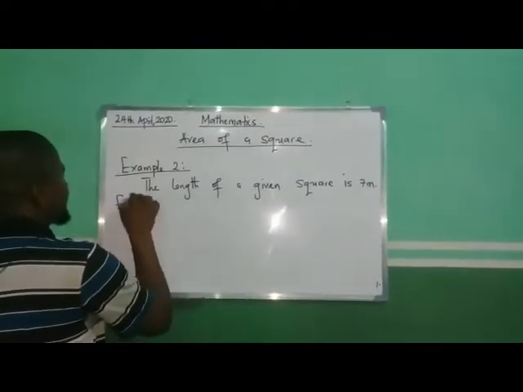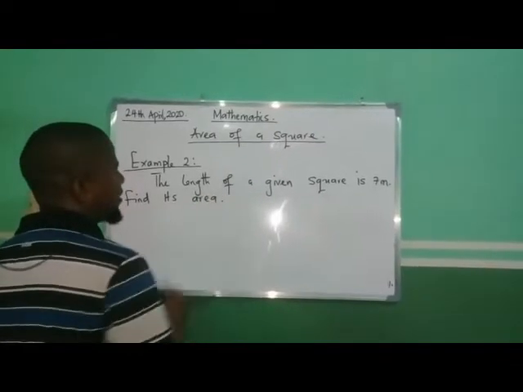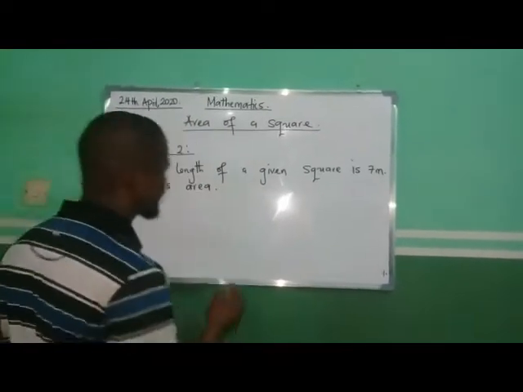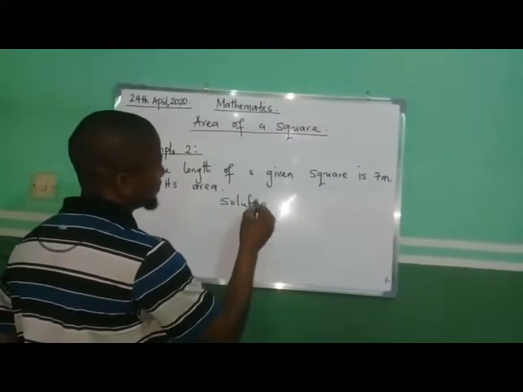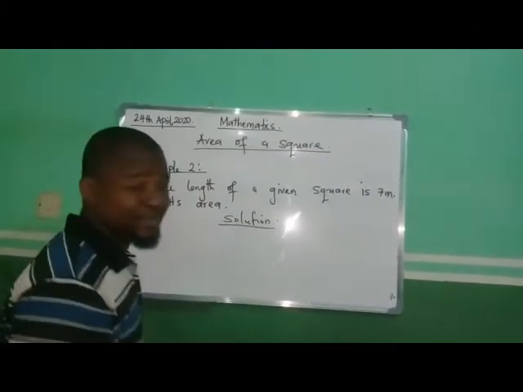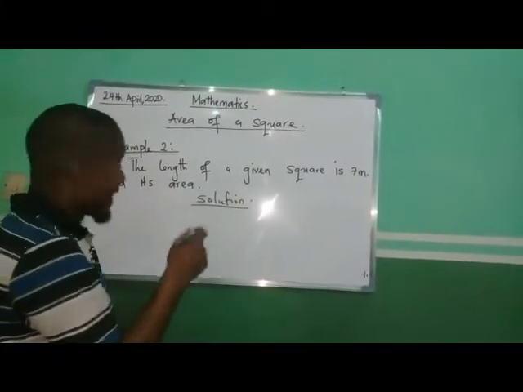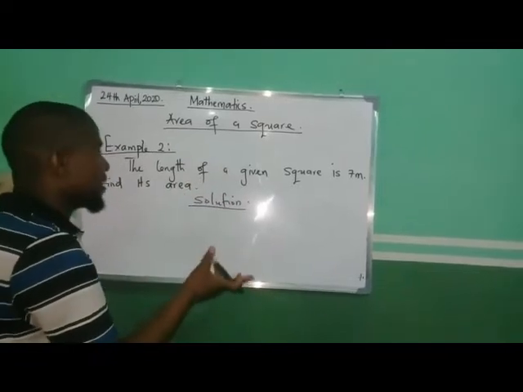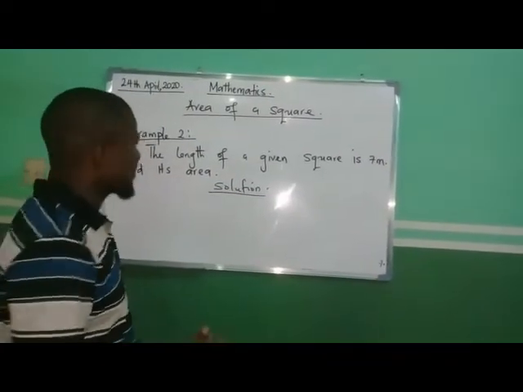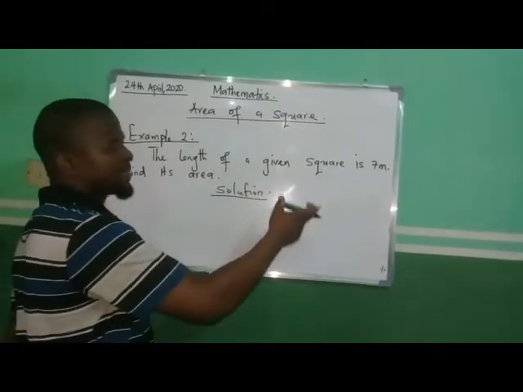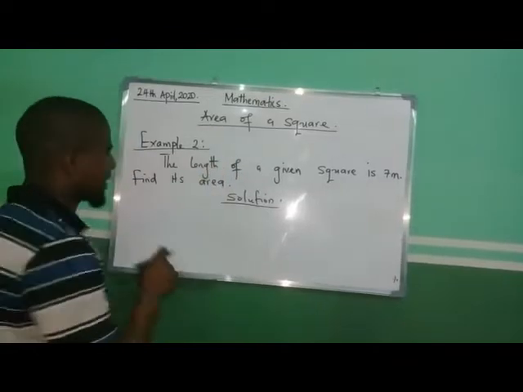Find its area. All right? Let's see the solution to this problem. You see, in some questions, this question could be rephrased as, find the area of a square whose length is 7 meters. It's still saying the same thing. The length of a given square is 7 meters, find its area. Same thing, okay? Just question technicalities.